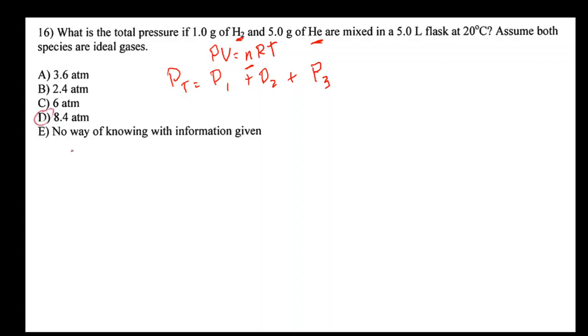Let's start with the helium. We have 5.0 grams of helium. And what was the mass of that one again, Grace? 4.0026 grams per mole. And that will equal 1.2492 moles of helium.